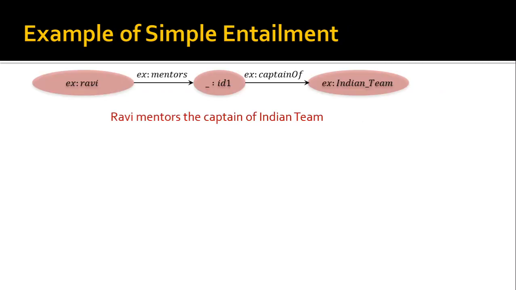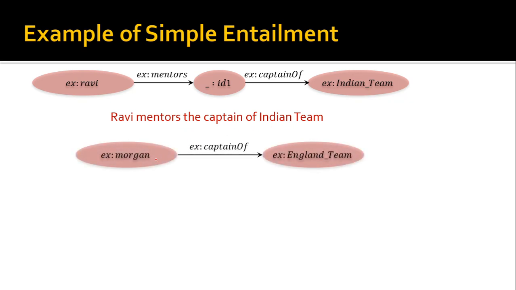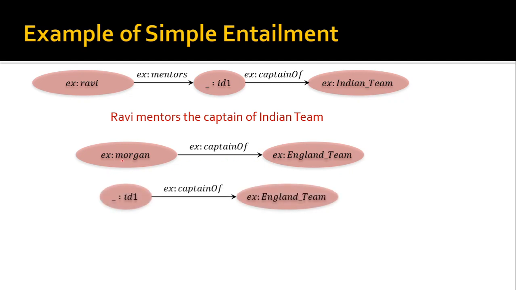Now let's say we have this, Ravi mentors the captain of Indian team, and we have another triple like this: Morgan is the captain of England team, right? Now we weaken this entity Morgan by reusing, say, ID1. By the constraints we put while discussing the simple entailment rules and their applicability, we should not weaken a different URI and reuse the same ID.